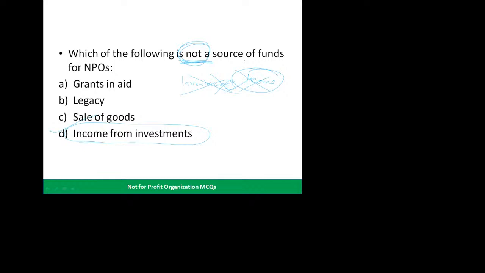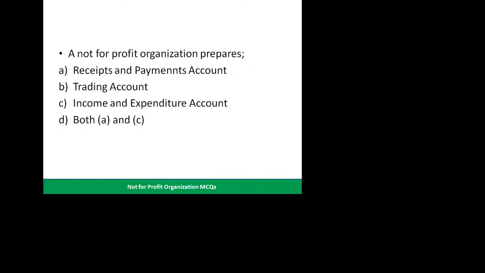What is the next question? A not-for-profit organization prepares: option A, receipts and payments account; option B, trading account; option C, income and expenditure account; option D, both A and C. Not-for-profit organizations mainly work with a service motive and do not expect any kind of profit.